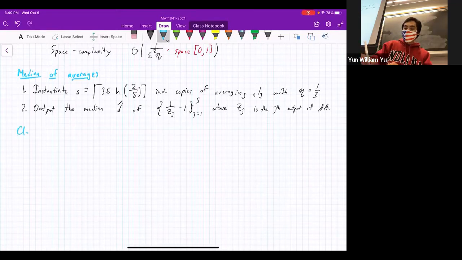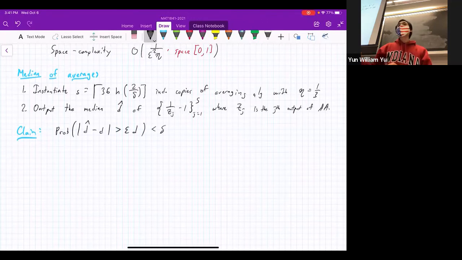And now the important claim is that the probability that d hat minus d is greater than epsilon d is going to be less than delta. So delta is our new failure probability instead of eta.